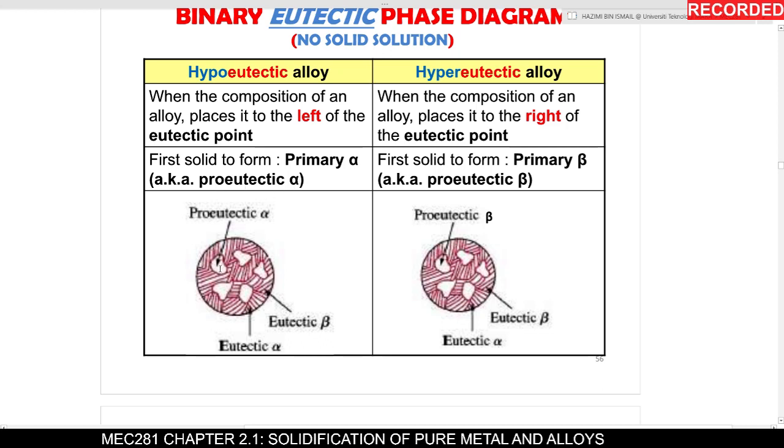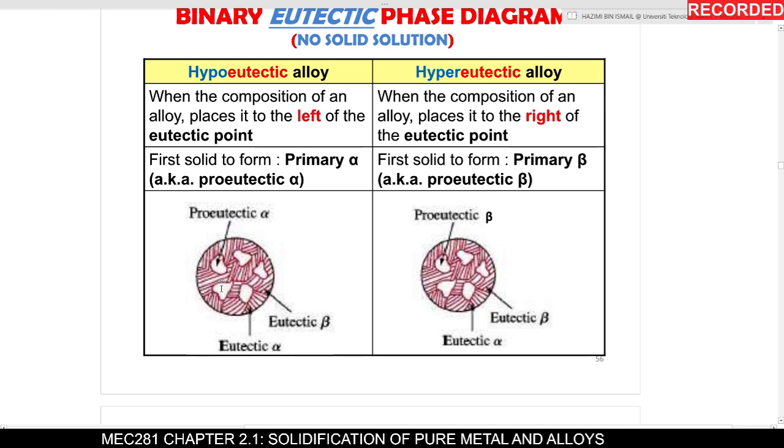The structure is similar, but the type of alloy in that region is different, depending on whether it is a hypo or hypereutectic alloy.